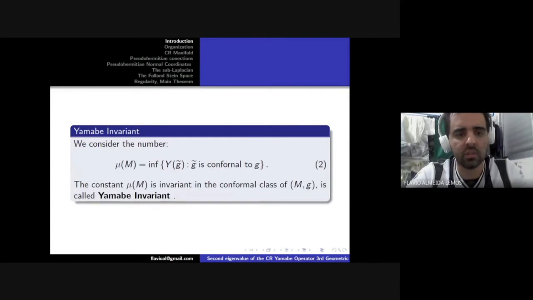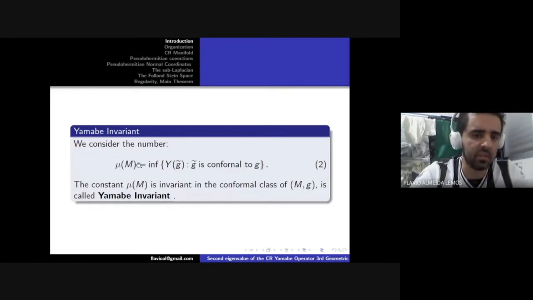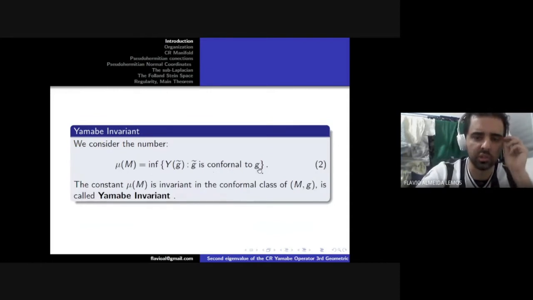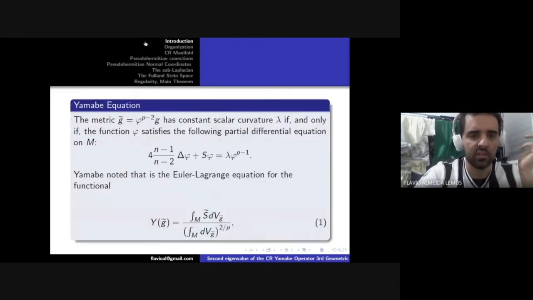We have to introduce the Yamabe invariant. The Yamabe invariant is the number defined this way. We consider the infimum over this functional, where g tilde is conformal to g and satisfies this equality.